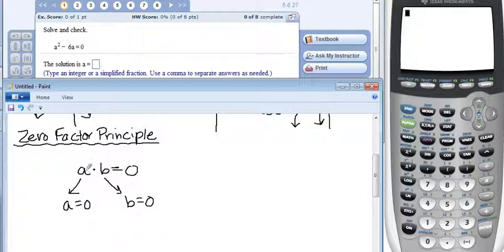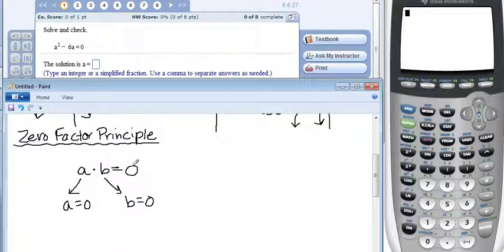I can never take two numbers that are not 0, multiply them together, and end up with a 0. Either this one has to be 0 or this one has to be 0, or they both have to be 0 in order for me to get a 0. I know it looks really simple, but it's a very powerful solving tool that we're going to look at. And it only applies to multiplication, not addition, subtraction, or division. We're just talking about multiplication.